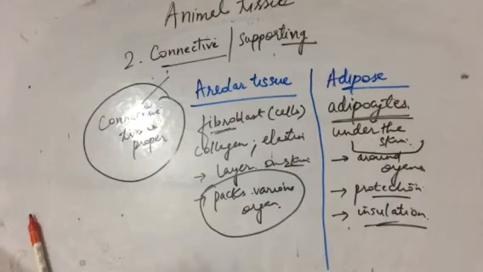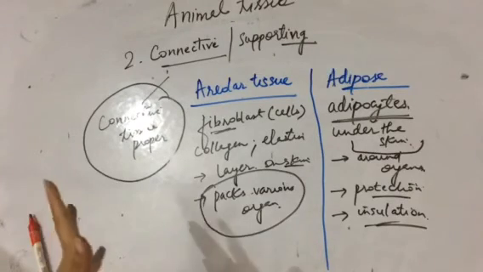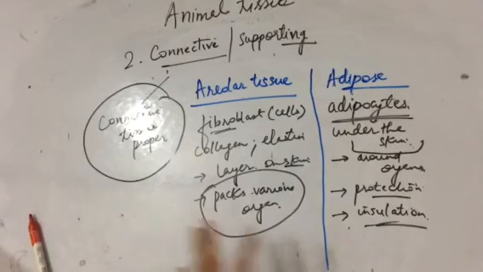Because the bottle has a layer which is providing insulation. That means it is not allowing the heat to get away, right? Similarly, in winter season especially, when heat is required by the body, this adipose tissue will not let the heat get out of the body, right? So it is playing a role in insulation.